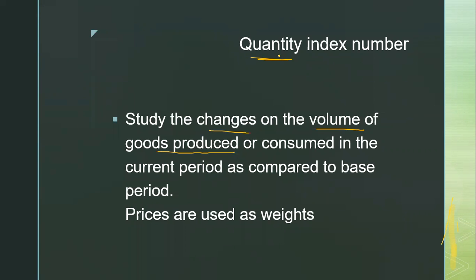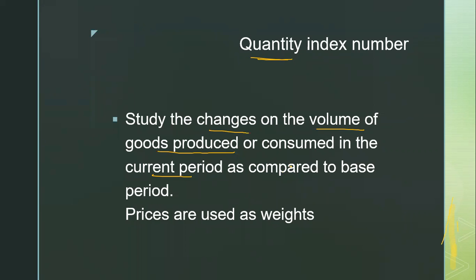So in the quantity index number, we study the relative changes happening in the volume of goods, whether produced or consumed by the consumer, in the current period, that is Q1, as compared to the base period, that is Q0. In the price relative, we study the changes between the prices of different commodities between the base and current year.